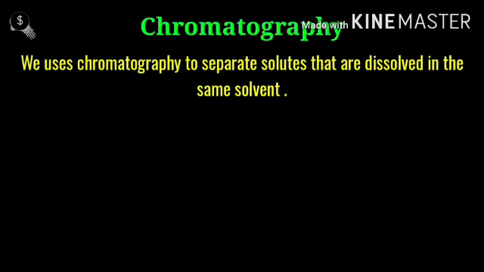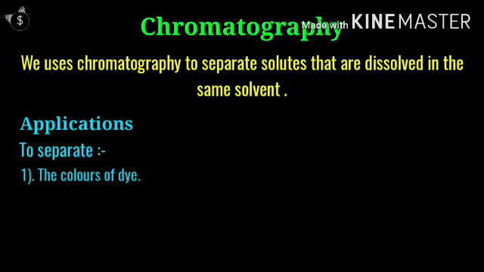Children, chromatography has many applications. Number one, it is used to separate the colors of ink. Number two, it is used to separate the pigments from blood. Number three, it is used to separate drugs from the blood.